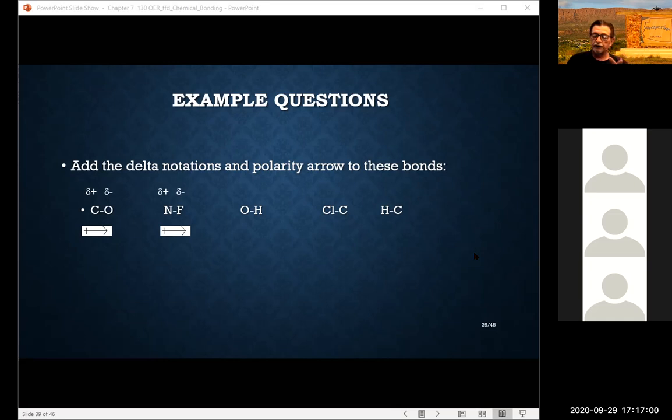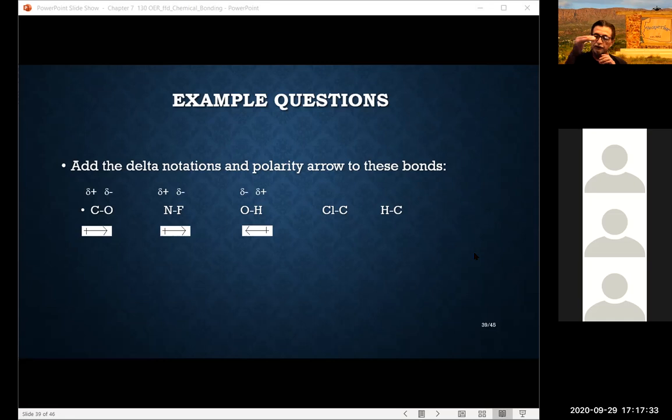Here we have oxygen and hydrogen. Again, oxygen is a lot more electronegative. And so the arrow in this case, because that's the way the bond was presented, goes from right to left, okay? With delta positive on the hydrogen and delta negative on the oxygen. Now on chlorine and carbon, which one's more electronegative? Find in the periodic table, chlorine, or in this case chloride, is a lot closer to fluorine than carbon is, okay?